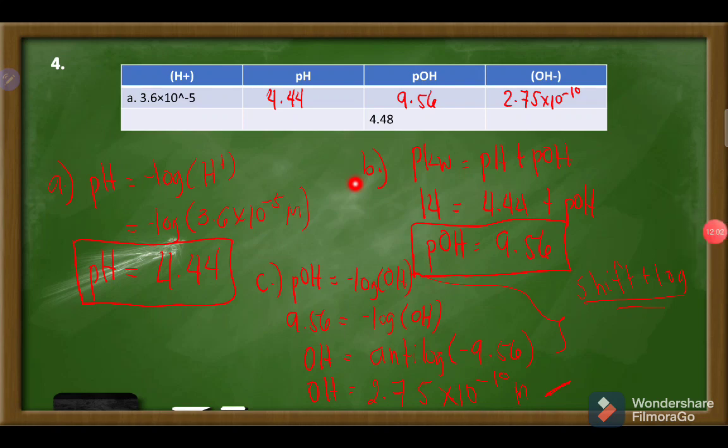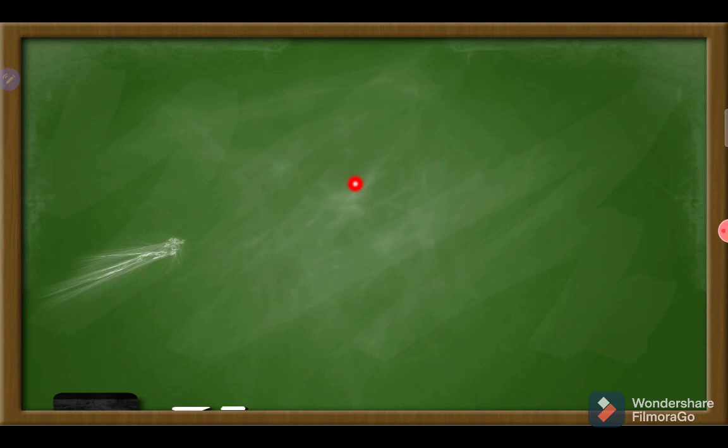For the next item, the only value we have is for the pOH. So we have the value 4.48. Now we are looking for the hydrogen ion, the pH, and the hydroxide ion.